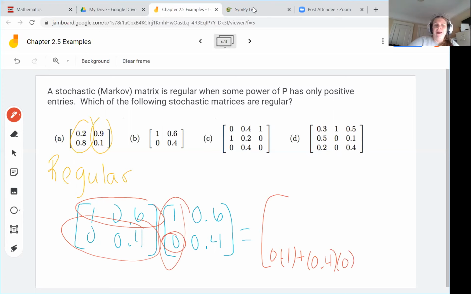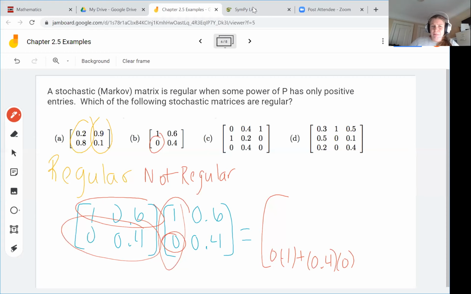So there's no way to get rid of the 0 here, so we'll say that this is not going to be regular, because if you keep multiplying with that 0 in that same position, all of your 2 by 2 matrix multiplication is going to result in a 0 down there.